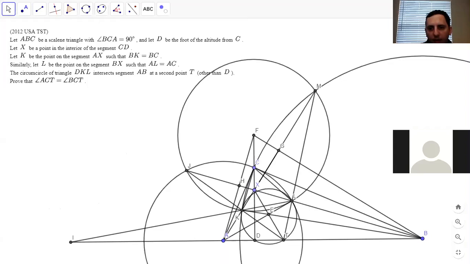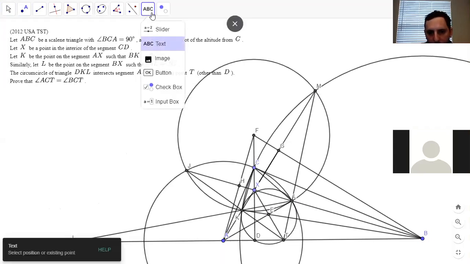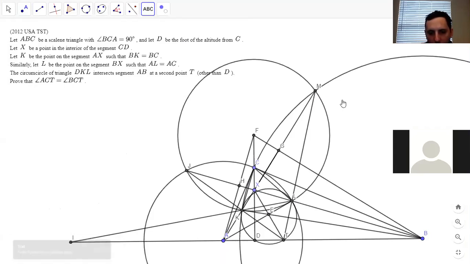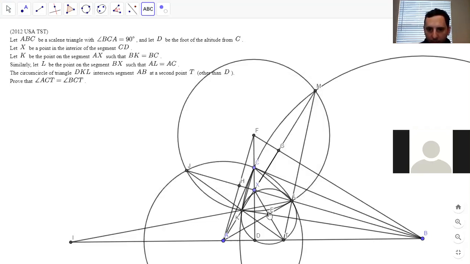I think Dat had a different way to show that MJKL is cyclic. Okay, so hold on a sec. So first, let me name the points. Okay, so let KL intersect AB at I. In fact, I don't think we need point E, right?